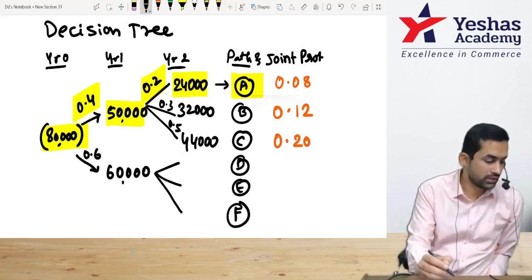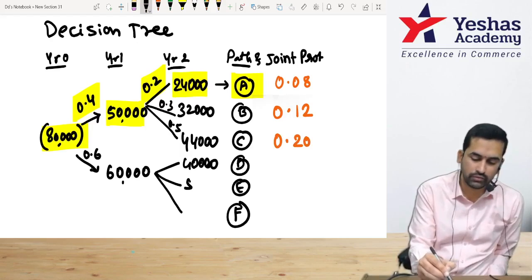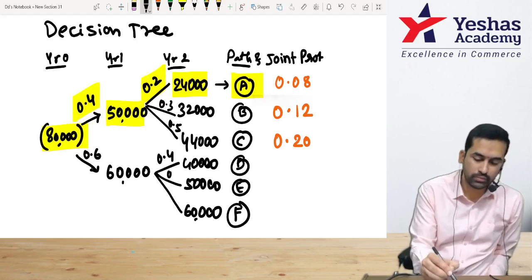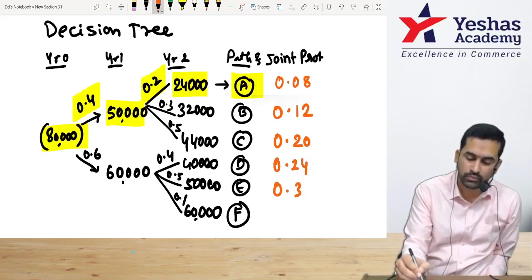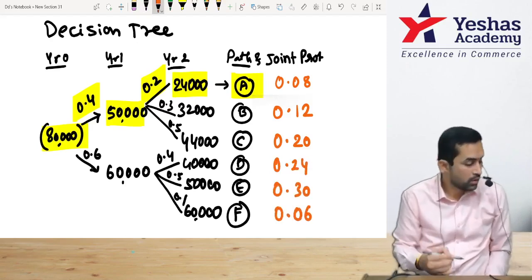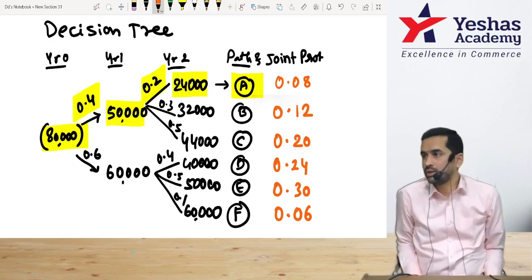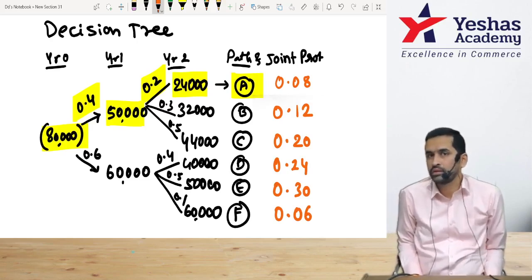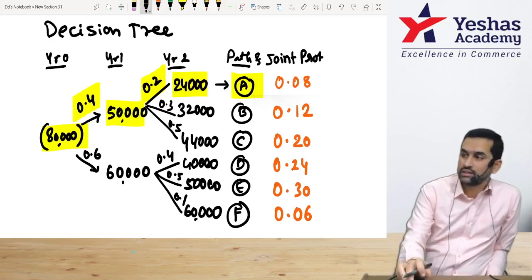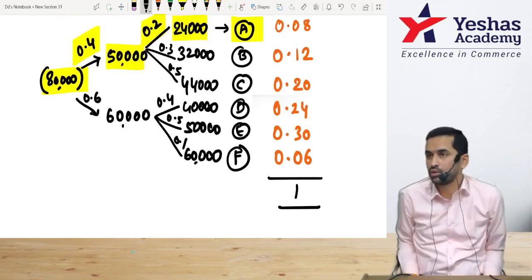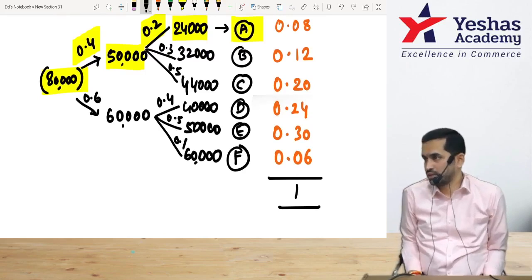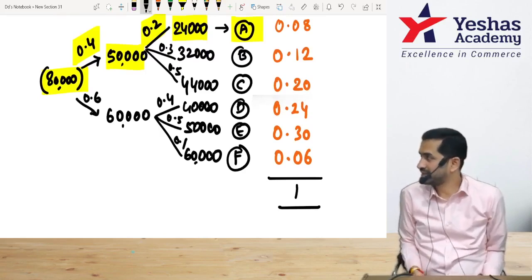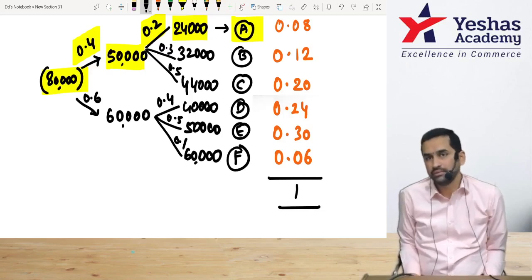If you earn 60,000 in first year, then it can be 40, 50, 60,000. That probability is 0.4, 0.5, 0.1. Therefore, this is now 0.24, 0.30, 0.06. And as we discussed yesterday, total of probabilities should be equal to 1. That means at the end of 2 years, once my project is over, one of these 6 may happen.